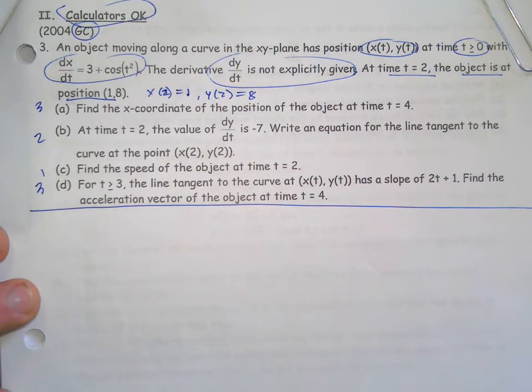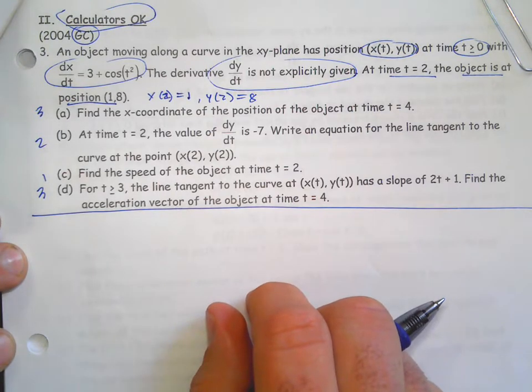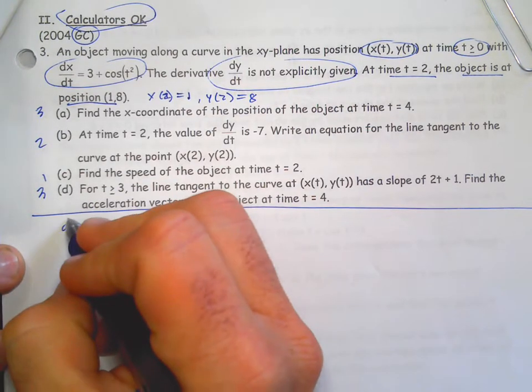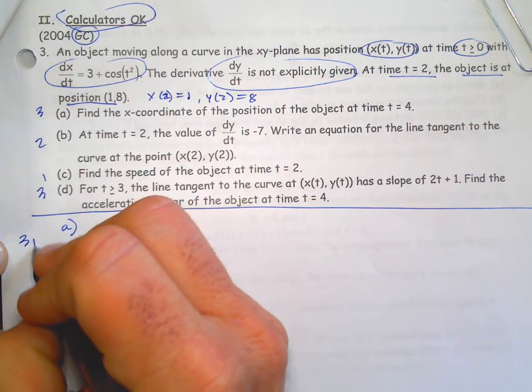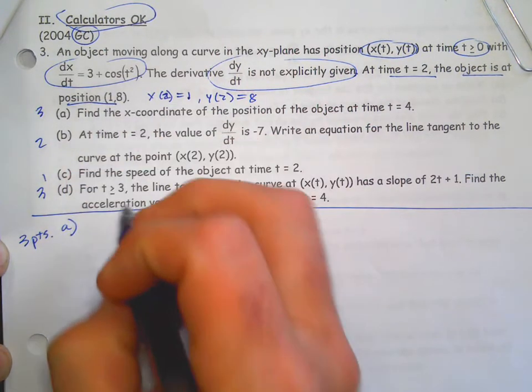So A says find the x coordinate of the position of the object at t equals 4. Now, we did a problem like this a couple problems ago, and we just integrated velocity to get position plus c. You guys can't integrate this.